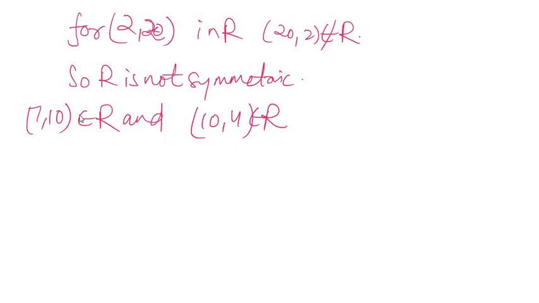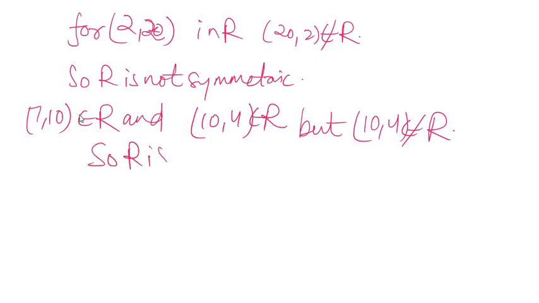We can see (7, 10) is there in the list of ordered pairs, (10, 4) is also there, but (7, 4) does not belong to the relation R. Hence, R is not transitive.